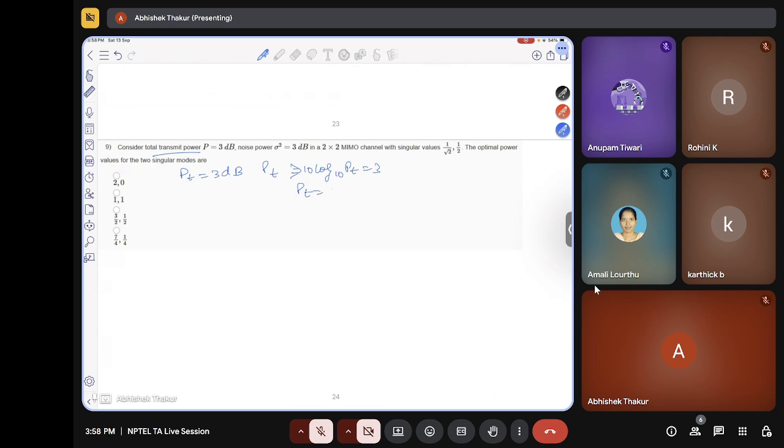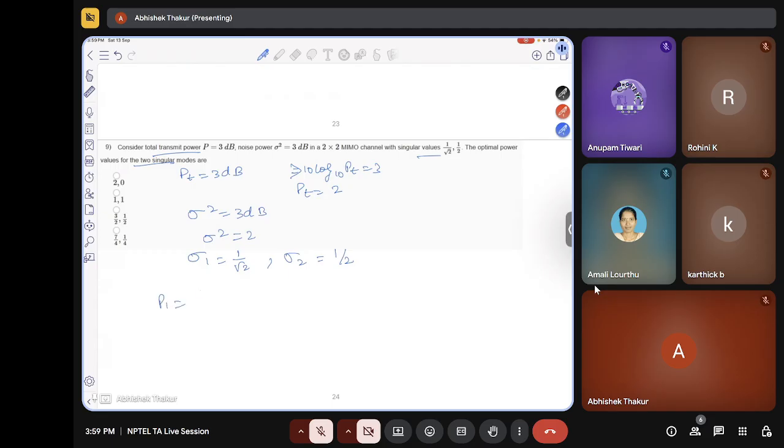So it will become 2. Sigma squared is again 3 dB. So sigma squared will also become 2. And the singular values are given as sigma 1 is 1 by root 2 and sigma 2 is 1 by 2. So what is being asked is the optimal power values for the two singular modes.